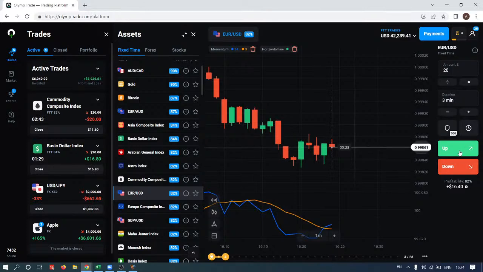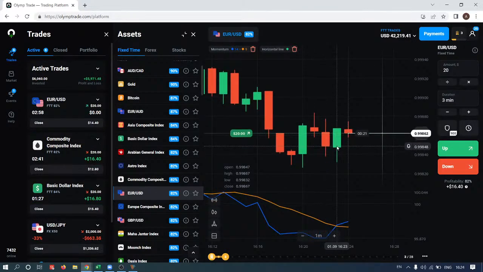Now let's try the euro against the US dollar, the most popular currency, the most popular asset in the world, the euro against the US dollar. So basically an up signal here.